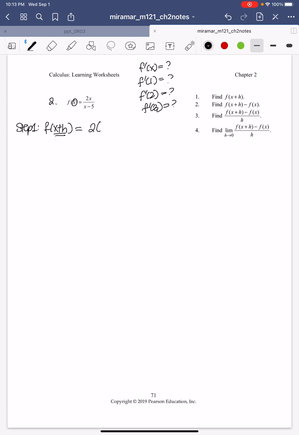So I have 2 times x plus h all over x plus h minus 5. Distributing the 2, I have 2x plus 2h all over x plus h minus 5. And that's it. I cannot reduce anything, so f of x plus h is 2x plus 2h all over x plus h minus 5.